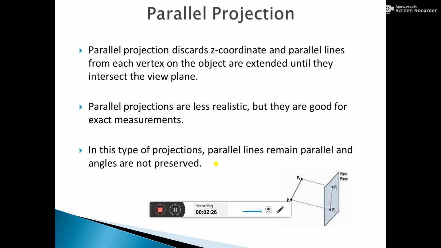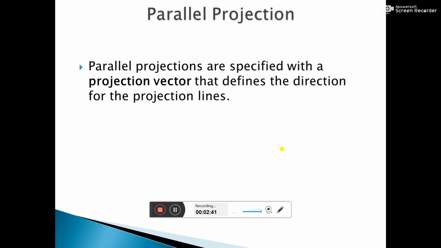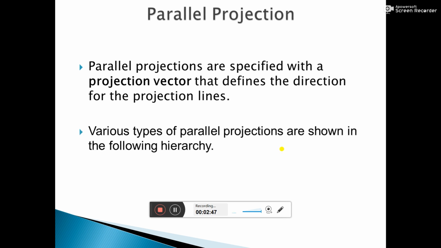See here, the distances are equal, but angles are not equal. So in this type of projection, images are not realistic. Parallel projections are specified with a projection vector that defines the direction for the projection.